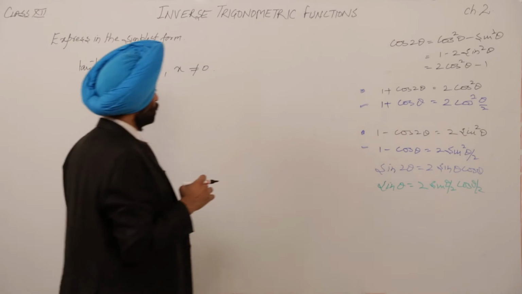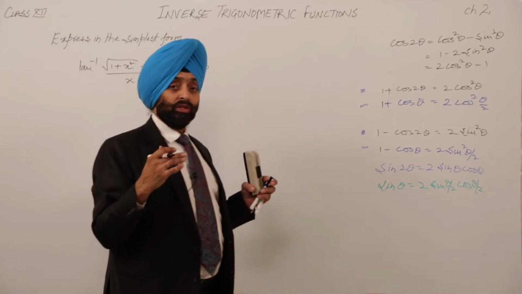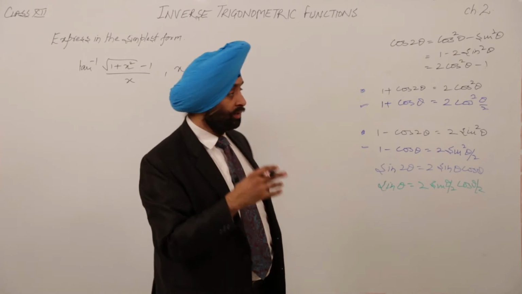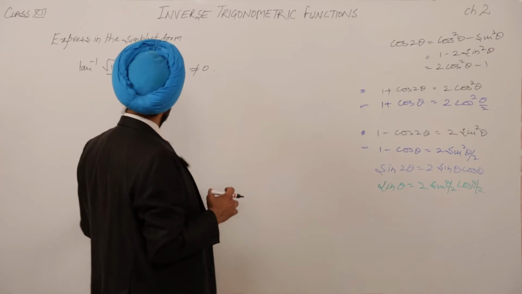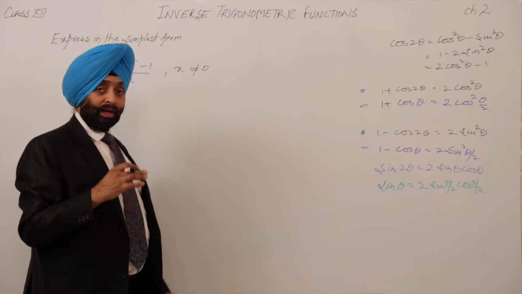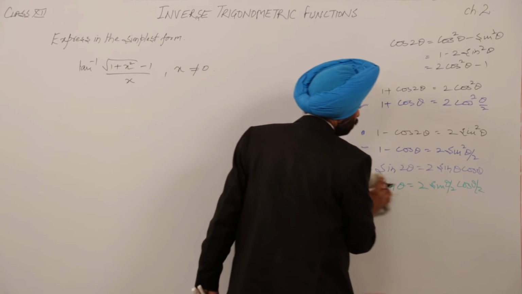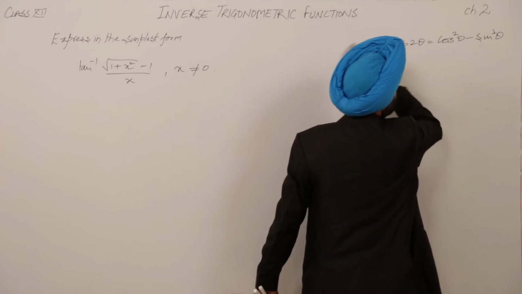If it is sine inverse, use formulas so that we get sine there; if it is cos inverse x, we get cos there. Now I am going to solve this using 2 different methods, and whichever method you think is easy, you can go through it.